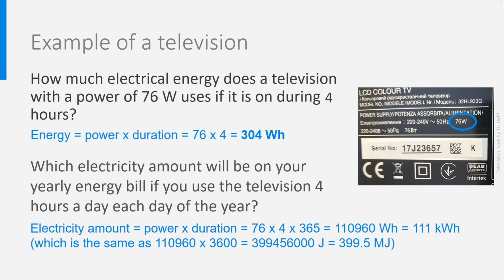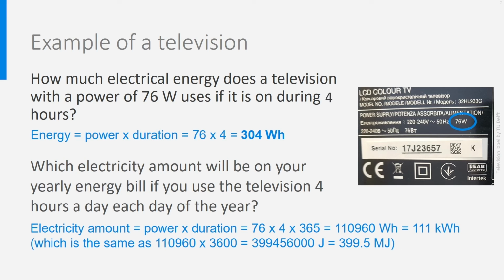And a final example, which amount of energy will appear on your yearly energy bill if you use the television 4 hours a day, 365 days a year. And if we assume this is your only electrical appliance, of course. Power is 76, duration is 4 hours, times 365, so the total is 110,960 watt-hour, which is the same as 111 kilowatt-hour.